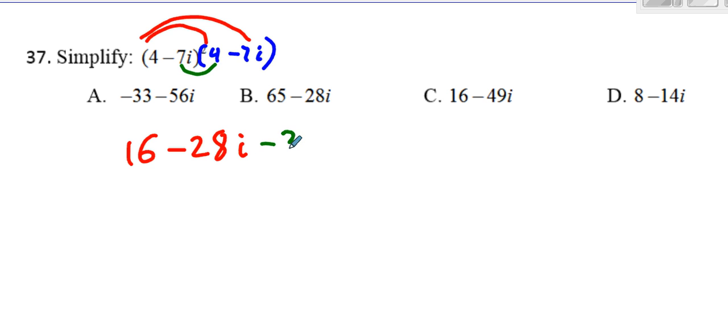It's the same thing. And then the negative 7i times negative 7i is positive 49i squared. I squared is negative 1. So you can get rid of the i squared, multiply by negative 1, makes this negative. So cross it out, change the sign.